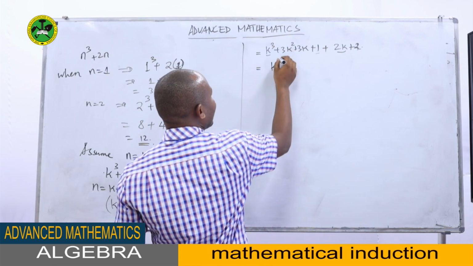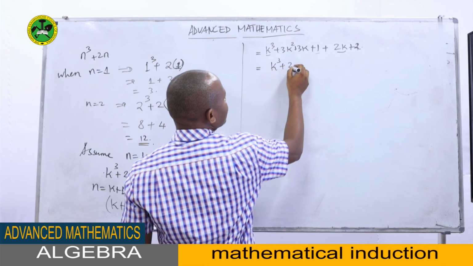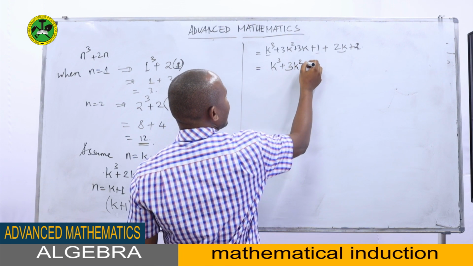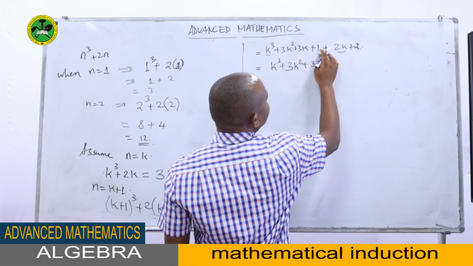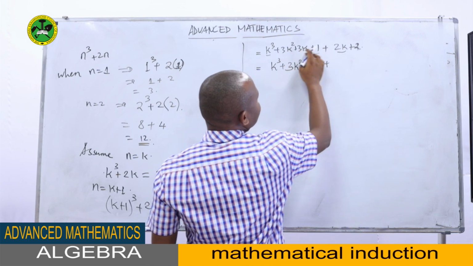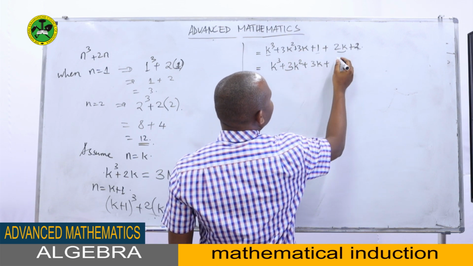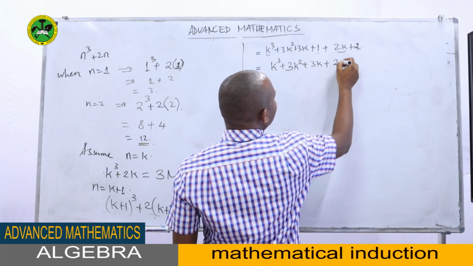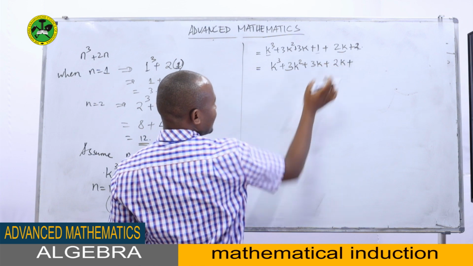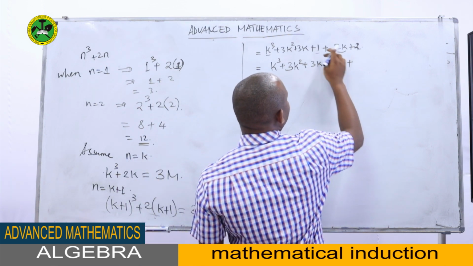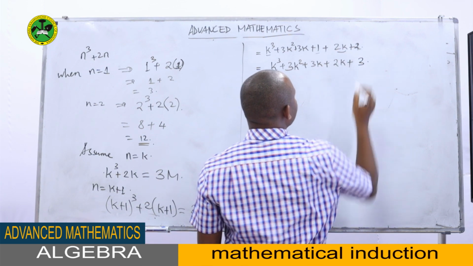So we have k raised to 3 plus 3k squared plus 3k plus 3k, and then we have 2k again. Why have I left that like that? We shall see in the next step. Then this and that is 3.